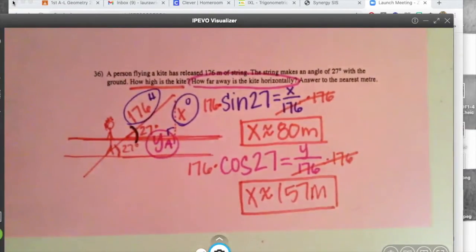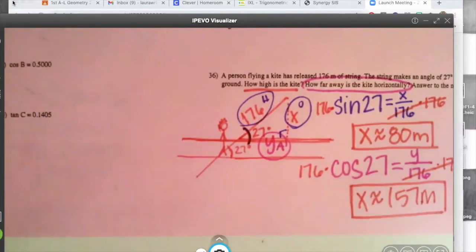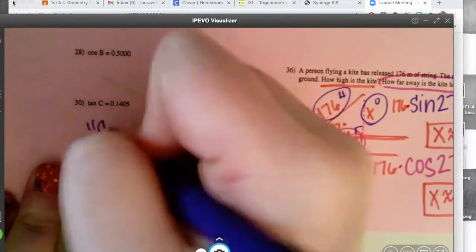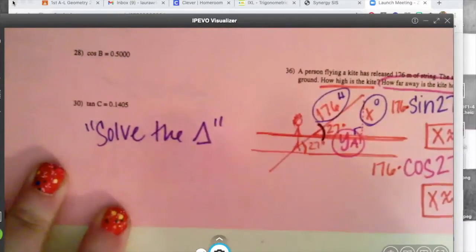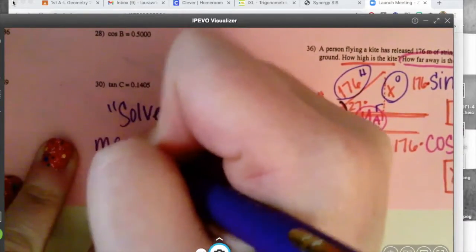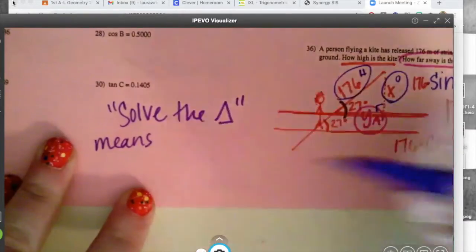All right, so some of the problems that you will see will say something like, solve the triangle. Okay, let me put that phrasing down here. Solve the triangle. What that means is find all the sides and all the angles.